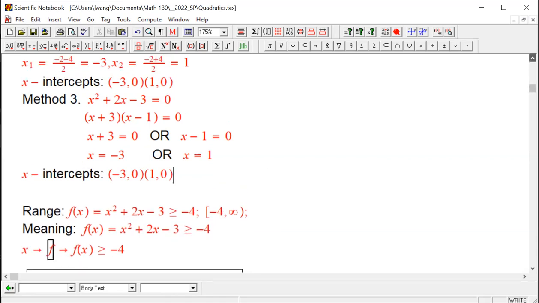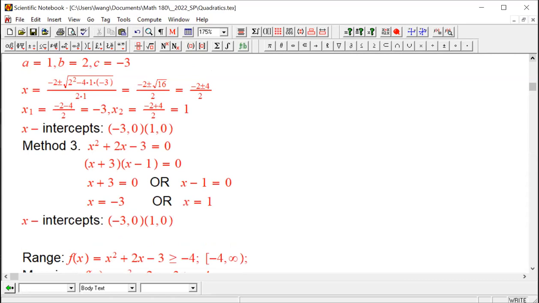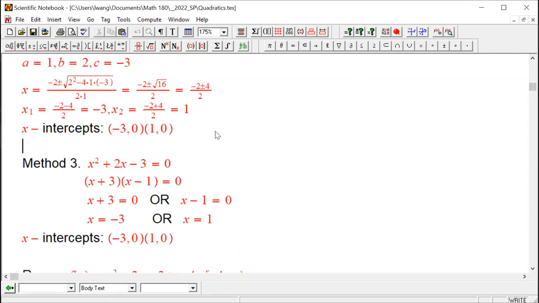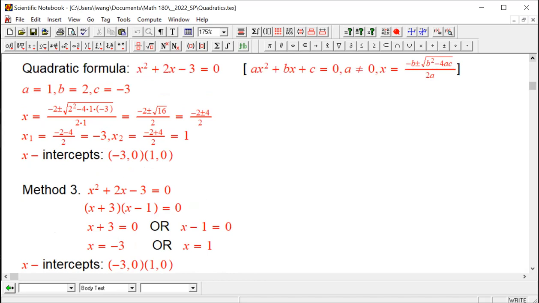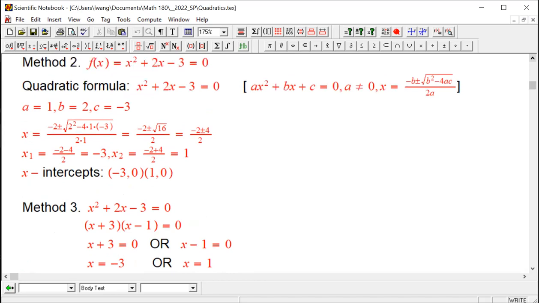Which one is more reliable? Really, it doesn't matter. The advantage of using completing the square is that you already have the complete square, which could make your remainder calculation much easier.